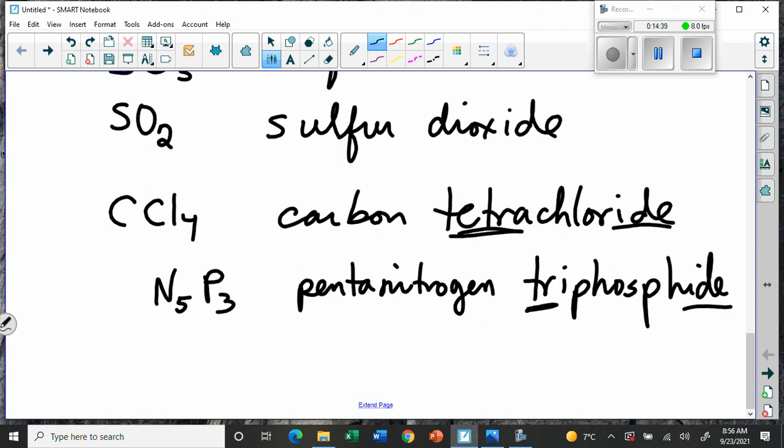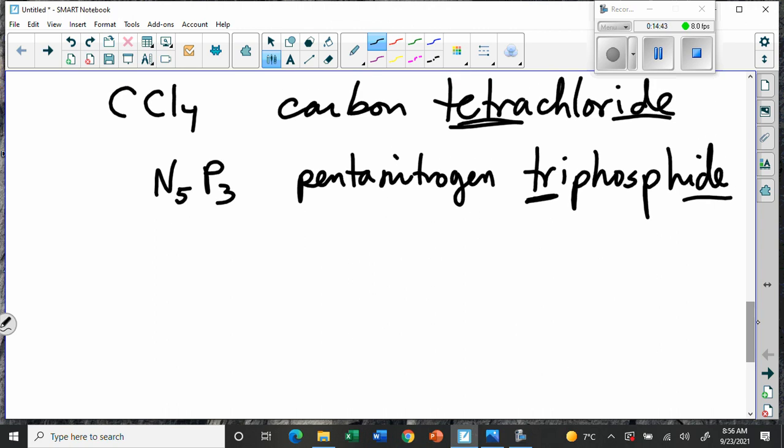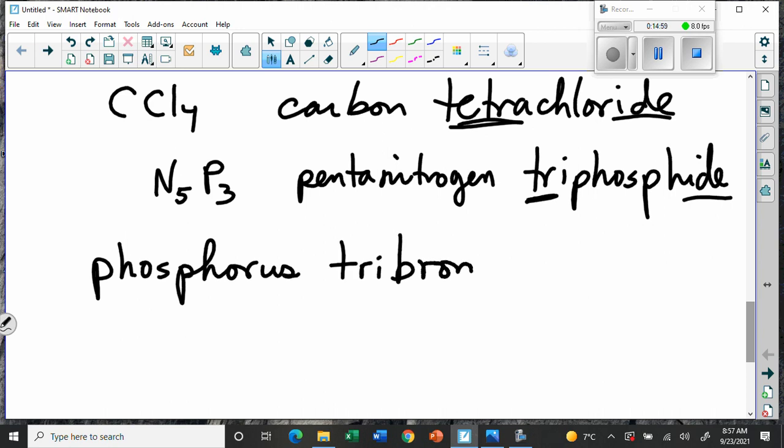And then, of course, if you're doing it the opposite way, if you're going backwards, and somebody says, write the chemical formula for something like phosphorus tribromide. Well, you can easily write the formula by just looking at the prefixes.